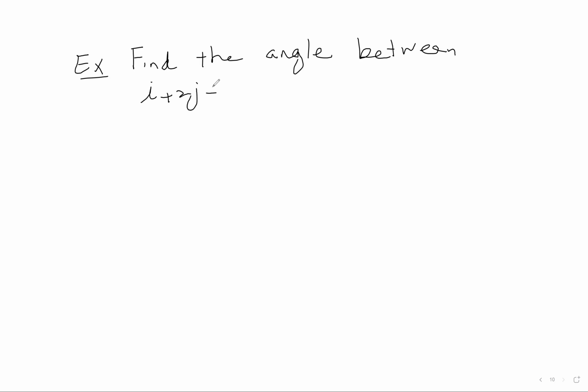Another example, again, find the angle between these two vectors, i plus 2j plus 3k and minus i plus k.